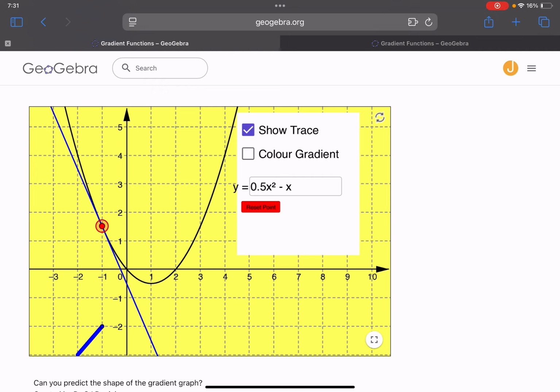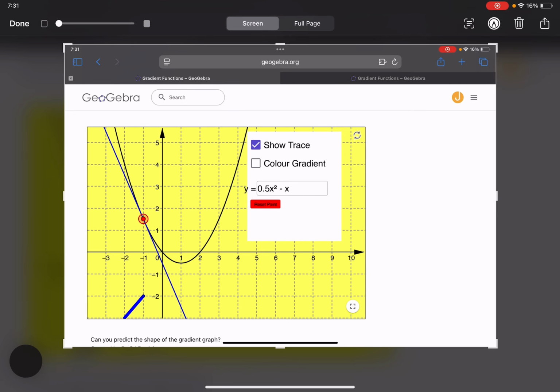When I get to the point when x is minus 1, again the gradient, if I go along 1 square here, I'm going down 1, 2, so the gradient is minus 2.